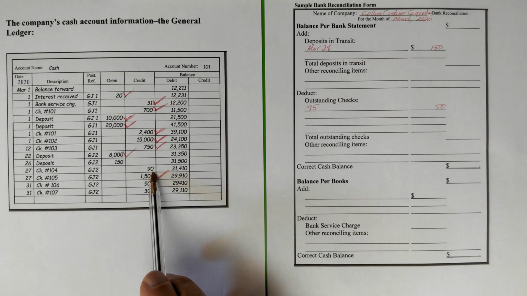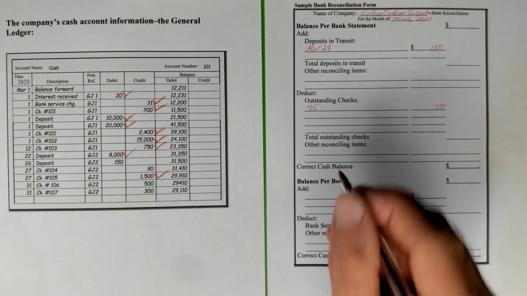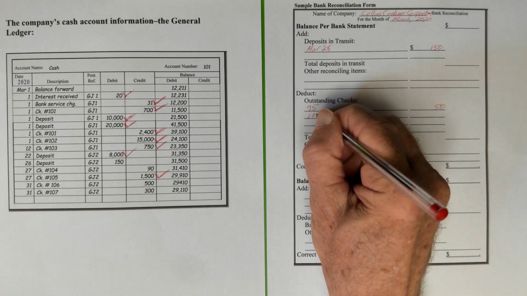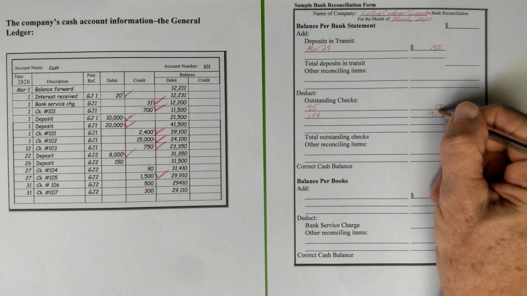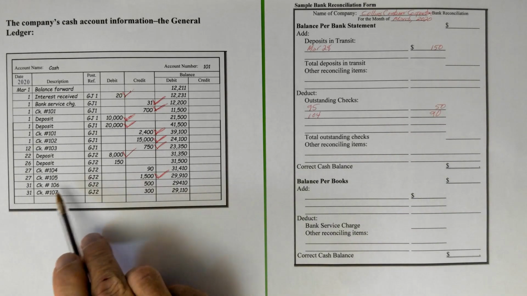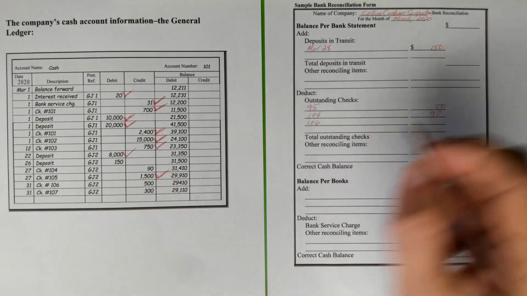An outstanding check for 100. What else do we have? Well, we've got this outstanding check number 104 for $90. We've got check number 106 also outstanding for $500.